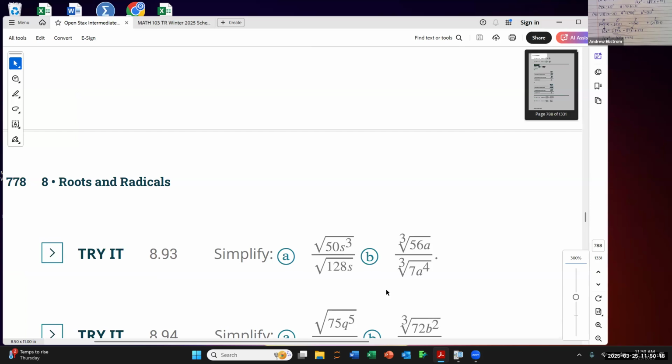So let's take a quick look at 893b. So I've got the cubed root of 56a divided by cubed root of 7a to the fourth power.